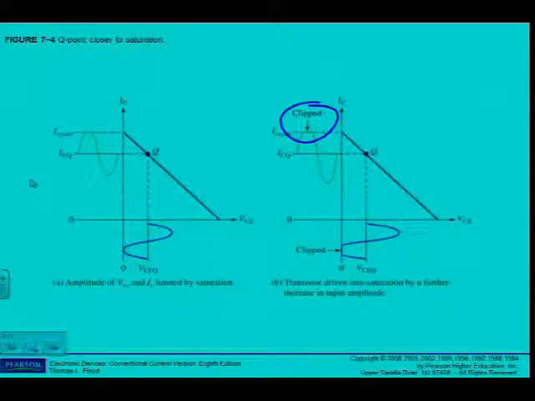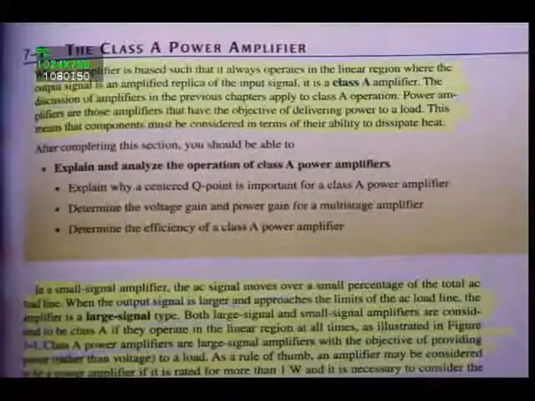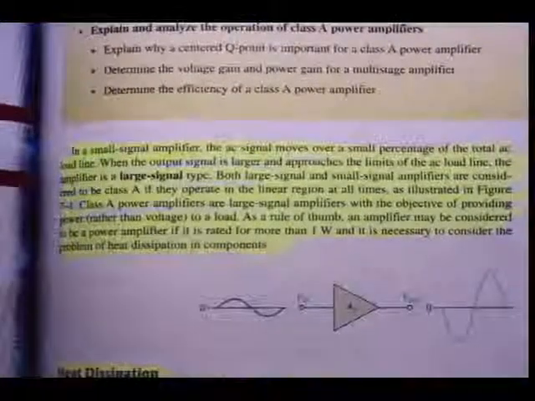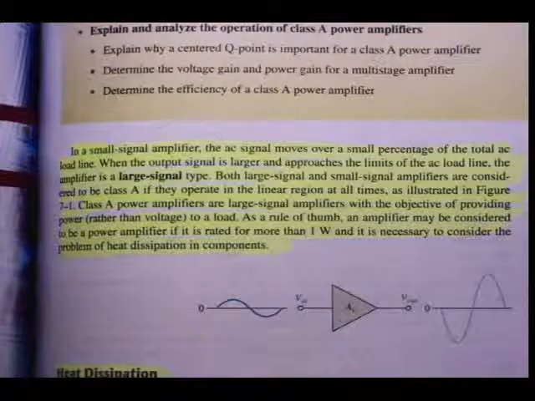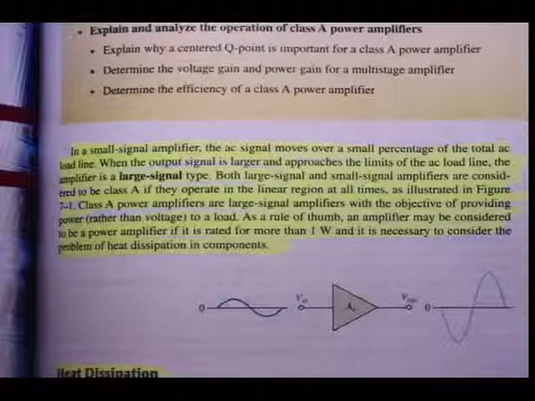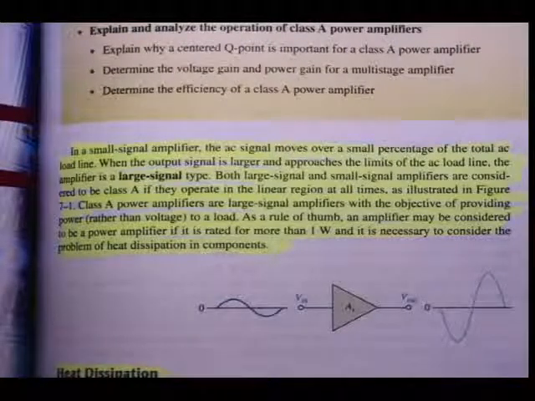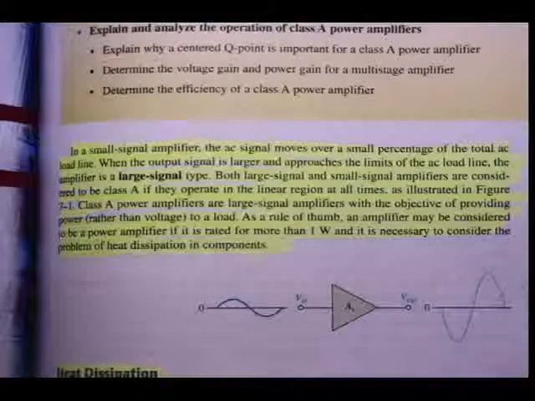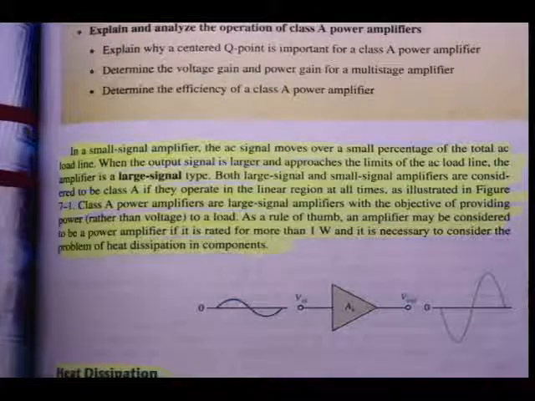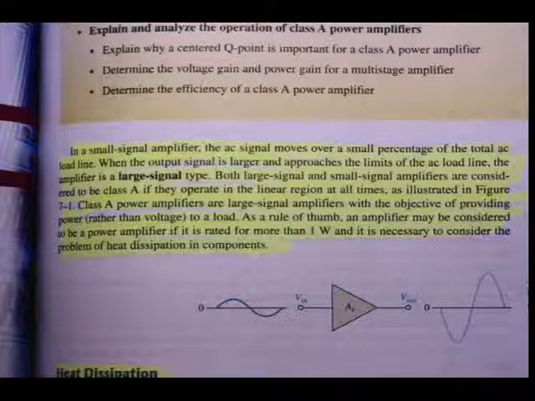I also want you to mark here in your textbooks those paragraphs as I have marked them. In a small signal amplifier, the AC signal moves over a small percentage of the total AC load line. When the output signal is larger and it approaches the limits of the AC load line, the amplifier is a large signal type.